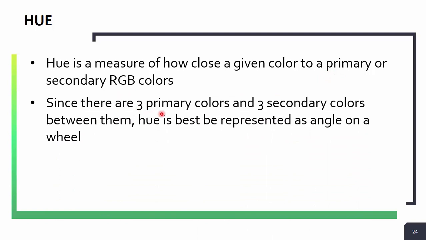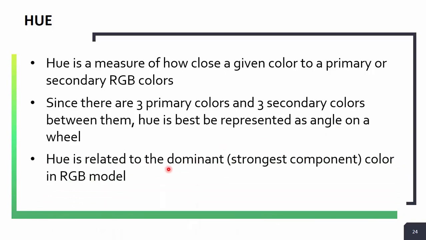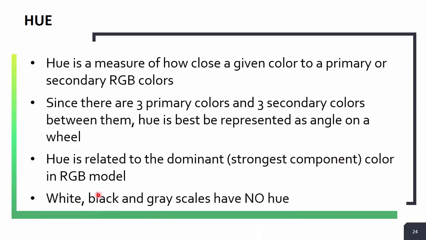Since there are 3 primary colors and 3 secondary colors between them, hue is best represented as an angle on a wheel. Hue is related to the dominant or strongest component color in the RGB model. White, black, and the grayscale between them have no concept of hue.